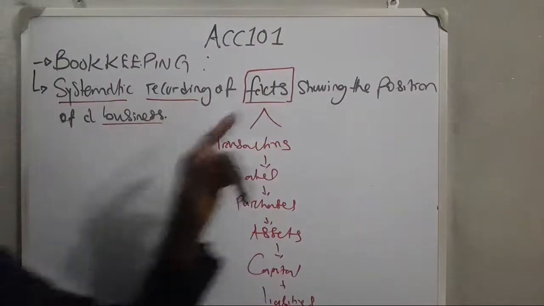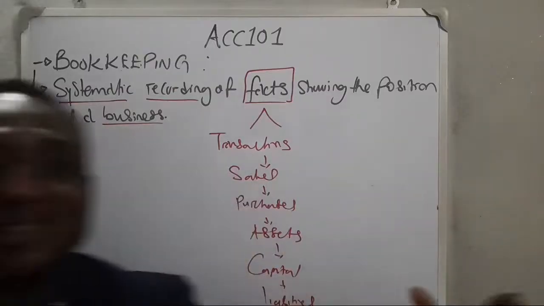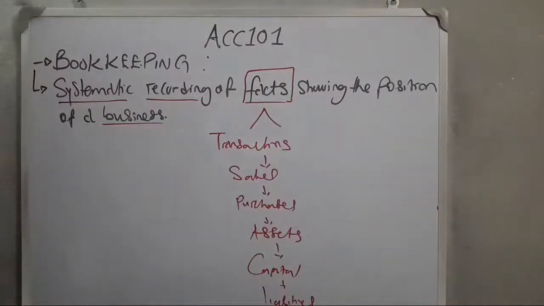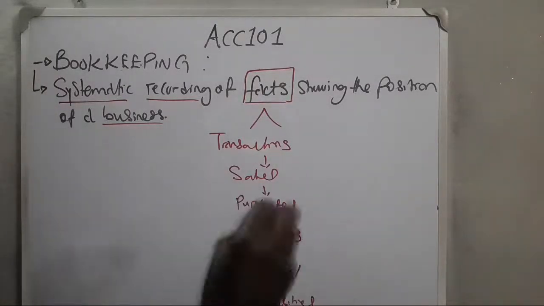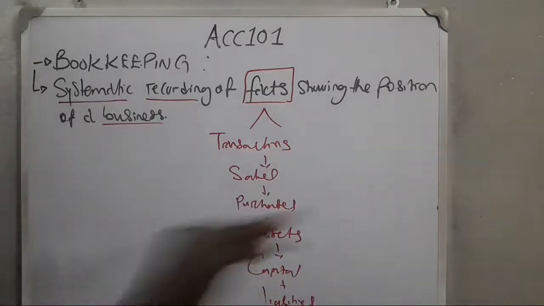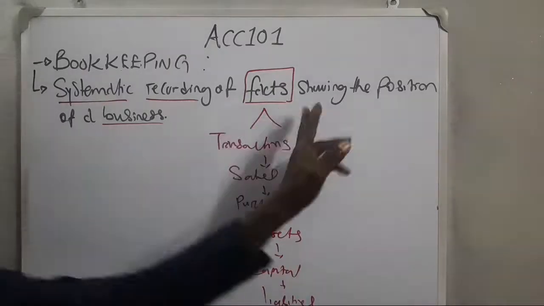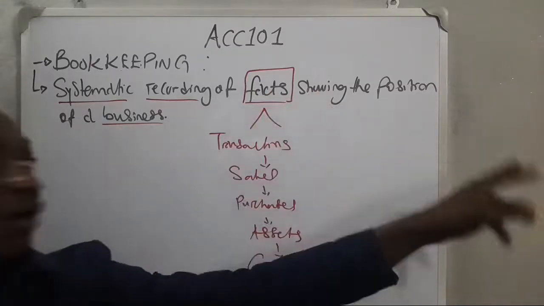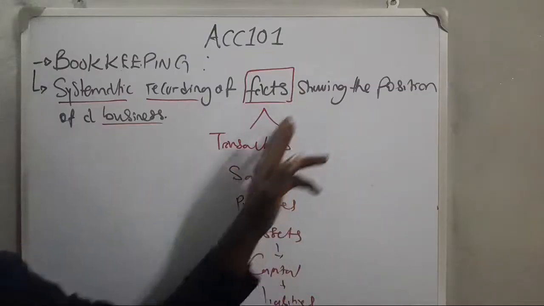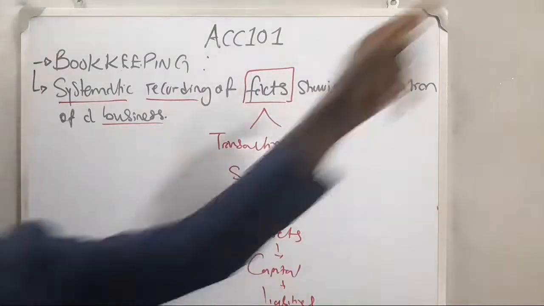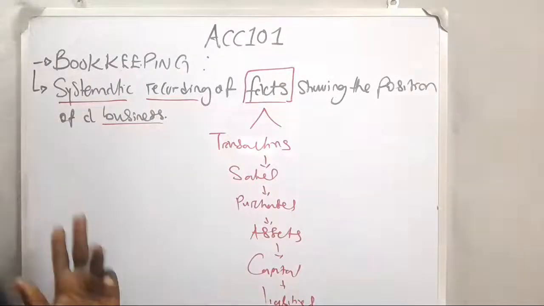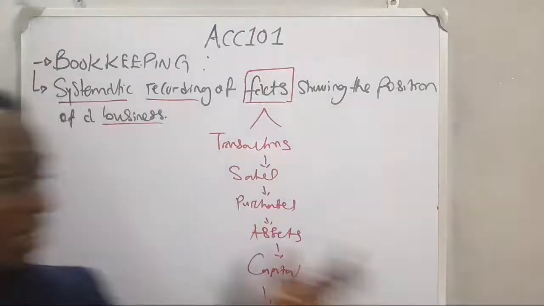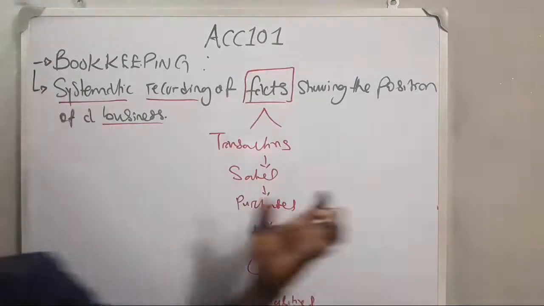When you talk about recording, you're talking about the process of gathering, observation, collecting, implementing, and properly filing facts. What is the financial position of an organization? These facts could be what comes in, what goes out, how much are we making, how much are we spending, how much have we realized, is our capital intact, what is our liquidity level, what is the cash at hand, what is the cash at bank.